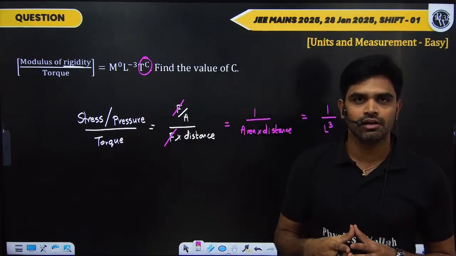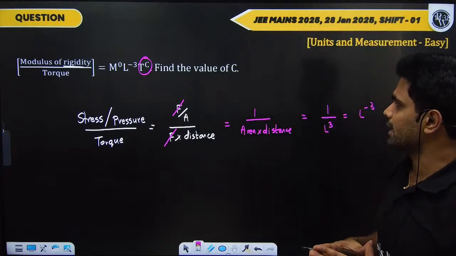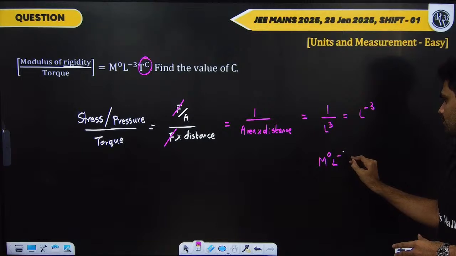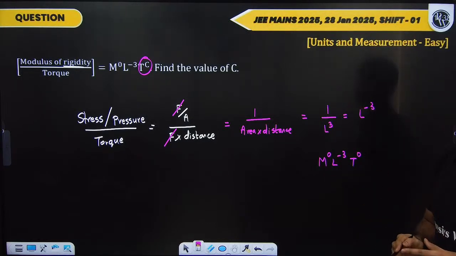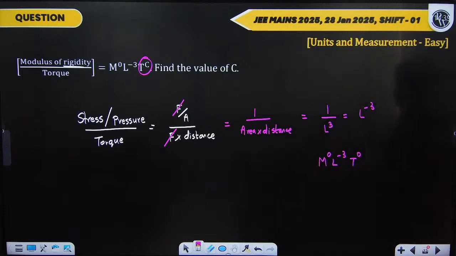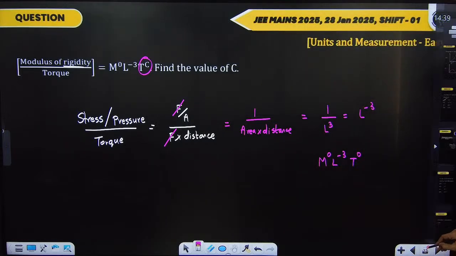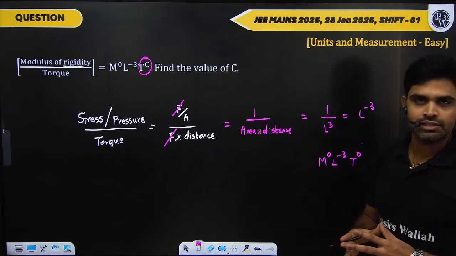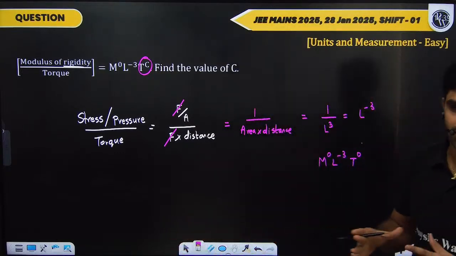There is no dimensional power, so it is dimensionless. Once go through the dimensions, because the topic is very important for mains.